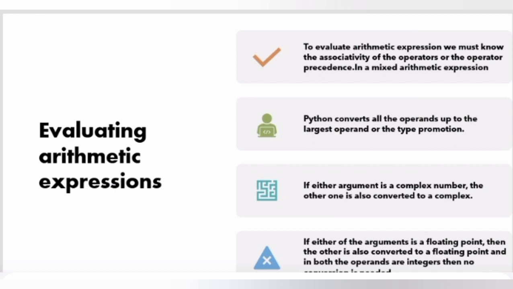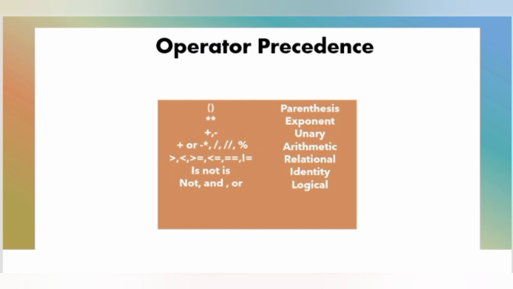And if either of the arguments is a floating point, then the other, which is an integer, will automatically be converted into floating point. And if both the operands are integers, then there is no conversion that is needed. So this table is very, very important, which you have to revise.